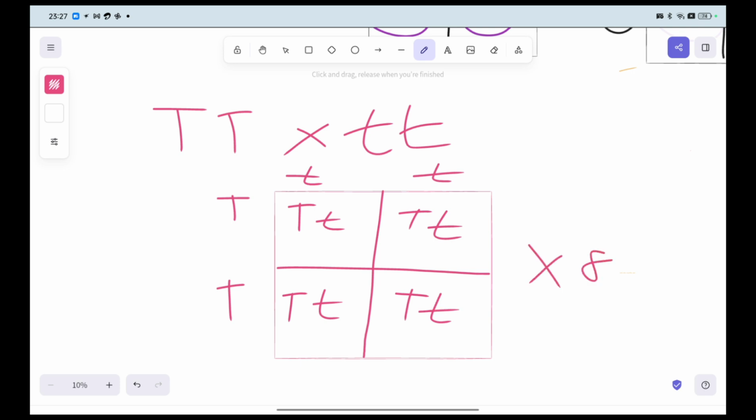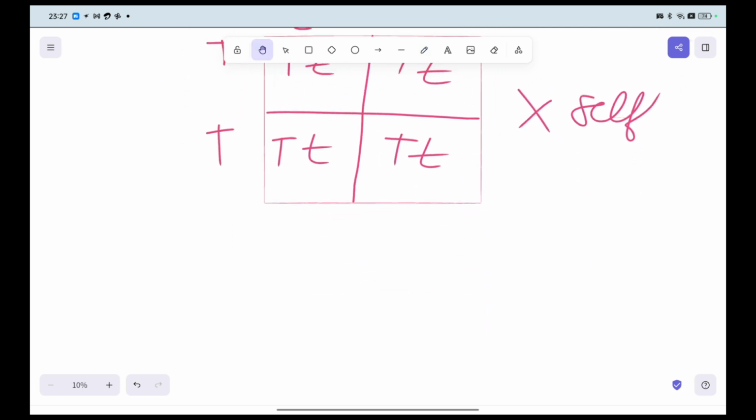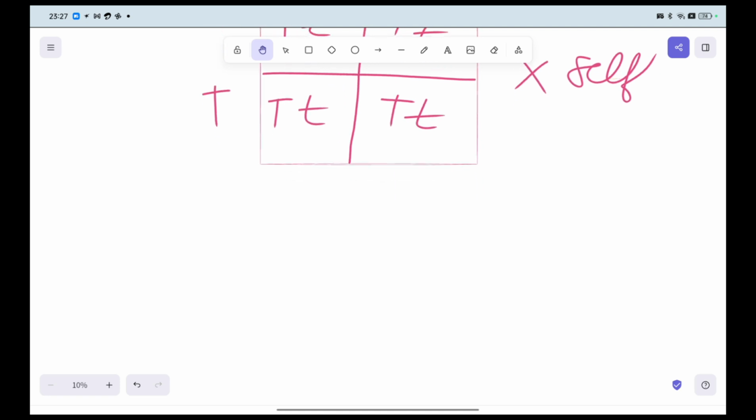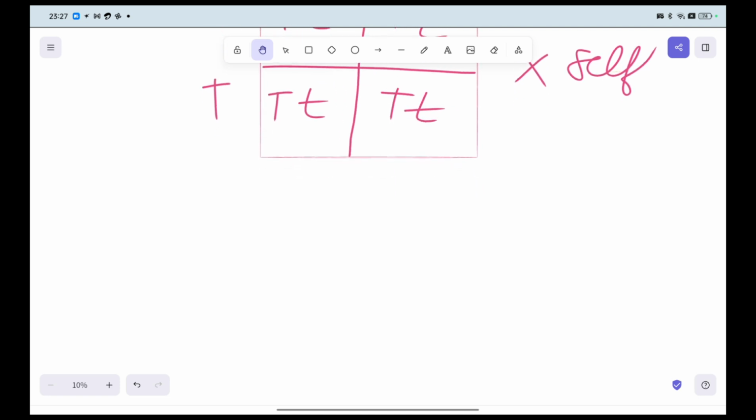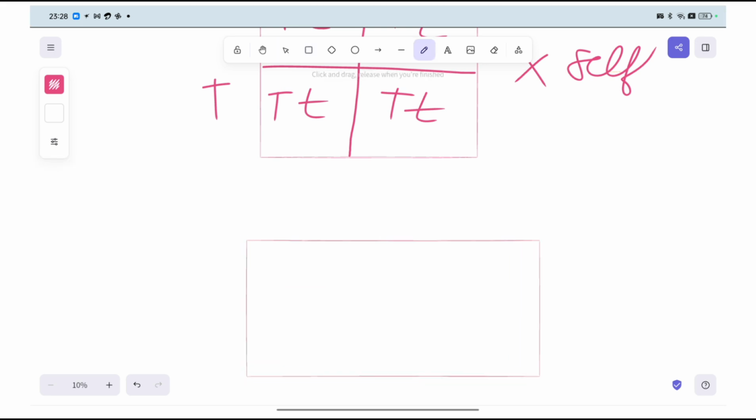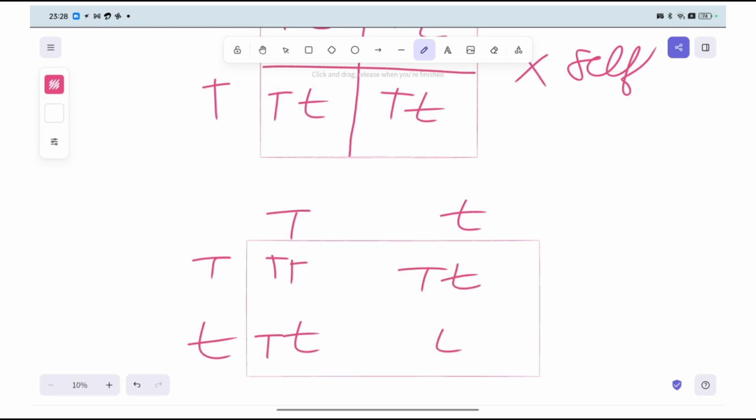For F1, if we do a self pollination, we will get capital T small t into capital T small t. If we use a Punnett square, we get the genotype 1:2:1, that is 1 tall, 2 tall heterozygous and 1 dwarf, that is small t small t. If we see the phenotype, that is 3 tall and 1 dwarf, capital T plus capital T small t.